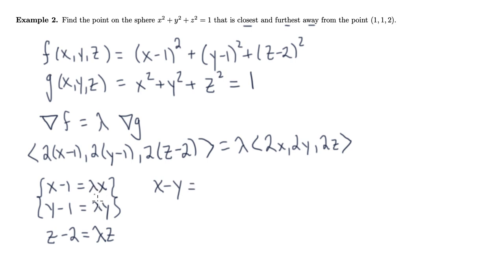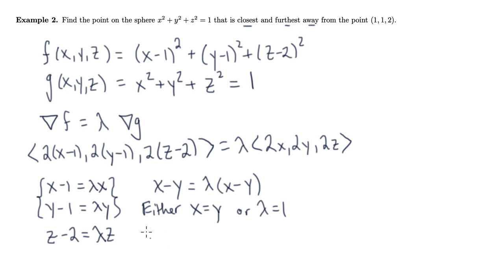And on the right-hand side, lambda x minus lambda y is lambda times (x minus y). But this is excellent because I see that either one of two things can happen. Either x could equal y, which makes both sides of this equation 0, so that would be true. Or x and y could be anything, and lambda could be 1. So either x equals y, or lambda is equal to 1.